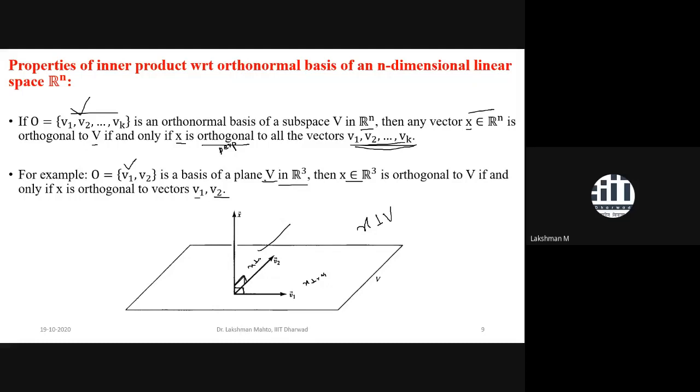So x is perpendicular to this subspace V spanned by V1 and V2. Also V1 and V2 are perpendicular to each other. That is the overall picture of the representation of an orthogonal vector with respect to a given basis or subspace.